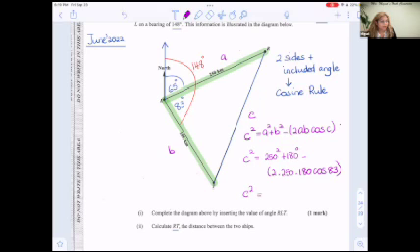No, that is incorrect. Try it, clear the calculator and try it. 250 squared plus 180 squared minus open bracket 2 by 250 by 180 by cosine of 83, close bracket.